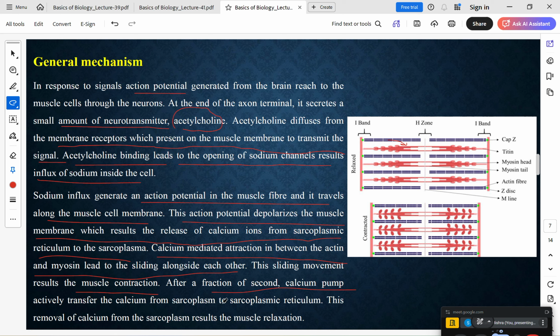After a fraction of a second, the calcium pump actively transfers the calcium from the sarcoplasm to the sarcoplasmic reticulum. And this removal of calcium from the sarcoplasm results in muscle relaxation. So this sliding movement that occurs between actin and myosin filaments is known as a power stroke. Multiple such power strokes might happen, and this leads to a more efficient contraction of the muscle.